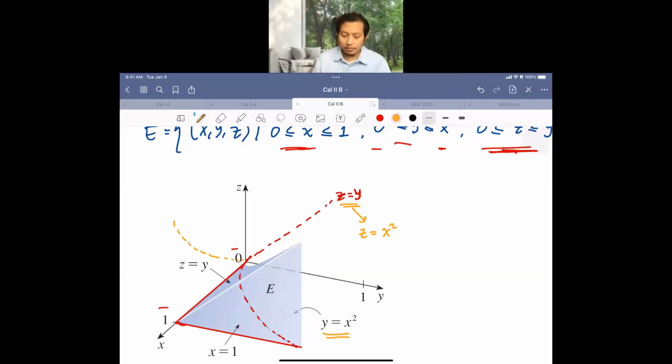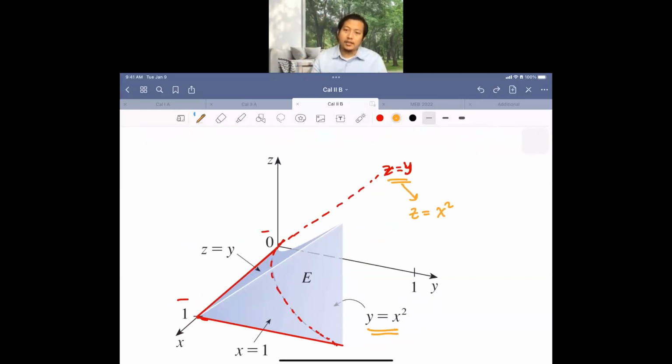And according to all the intersections that we might have, this will project through here. So this will be z equal x squared at the z equal y, right? So that's why we have this solid. I hope you could follow the steps that I've shown you.